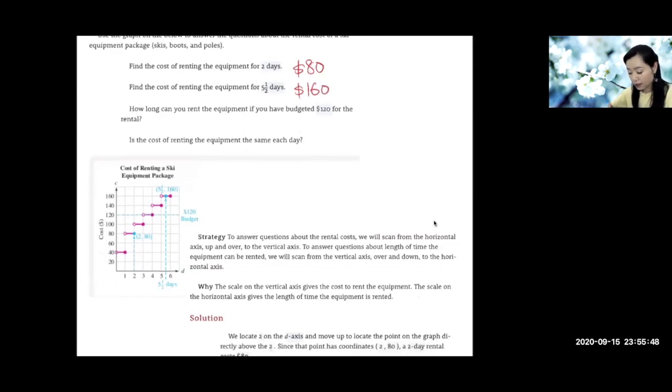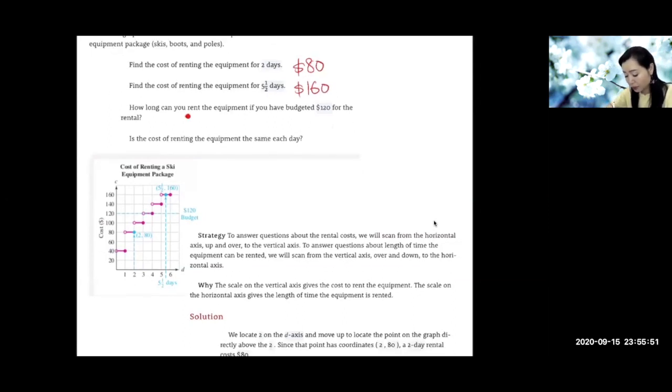The next one: how long can you rent the equipment if you have a budget of $120 for the rental? That is the cost, so that's your budget. We locate 120 on the C-axis, the vertical axis, and then we hit the graph over here, and go down to find the corresponding D. The corresponding D here will be greater than 3 and up to 4.